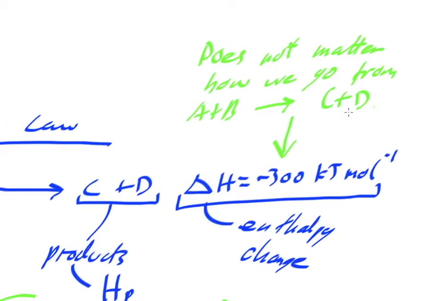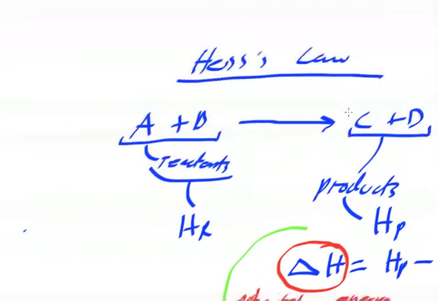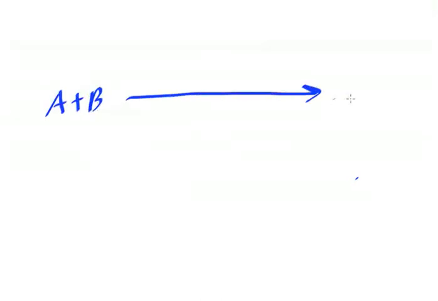We can draw out what I've just said in green. Let's do it over here. So again we've got A plus B goes to C plus D, and I'll mark it delta H1. In the previous example, that delta H1 was minus 300 as it happens.